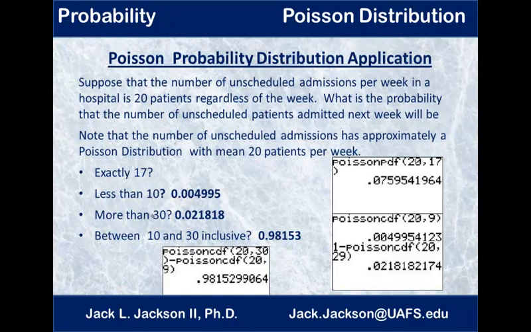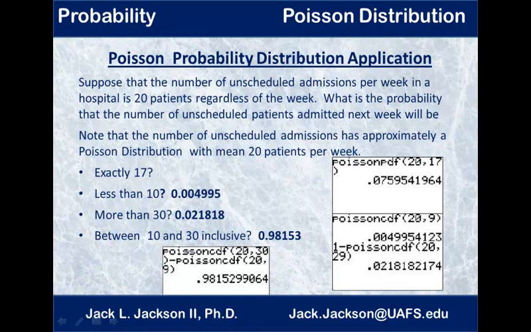I'll change it on the spreadsheet probably by just changing this 30 to a 29, and then the answer will be correct. I'll change that on the handout for this. So the probability that more than 29 will be 1 minus Poisson CDF 20, comma 29.